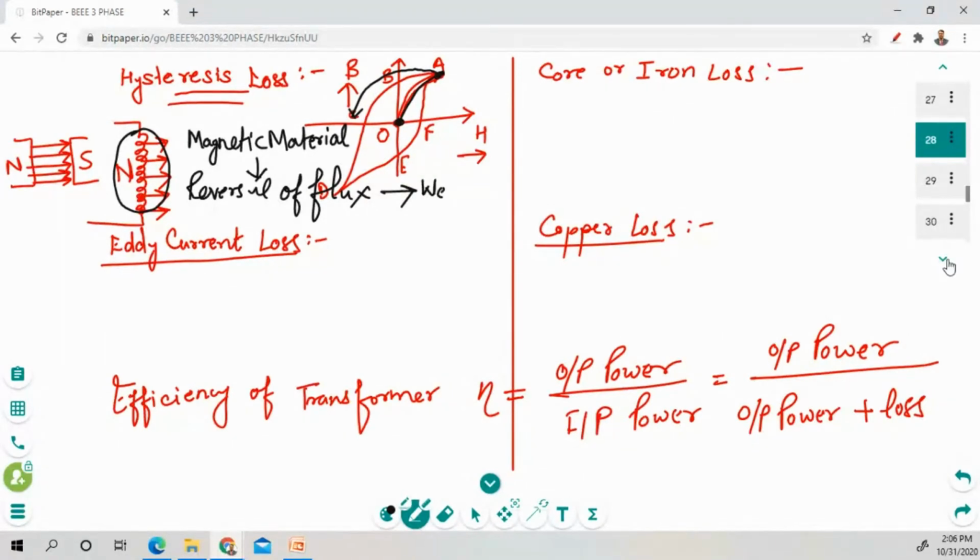We need more power. We need more power to reverse the molecular magnets, or we need more power to change direction.